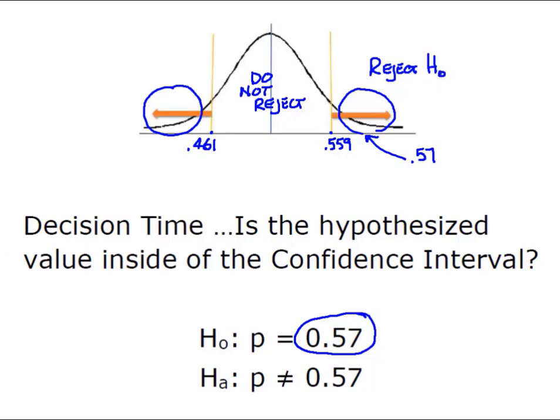So based on the confidence interval and the hypothesized value of the proportion falling outside of that interval, my conclusion is to reject HO. There is insufficient evidence to support the strategist's claim that 57% of the voters are in support of his candidate.